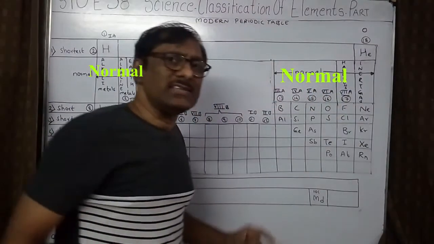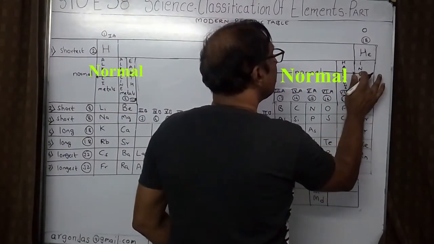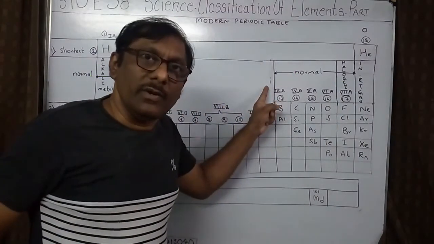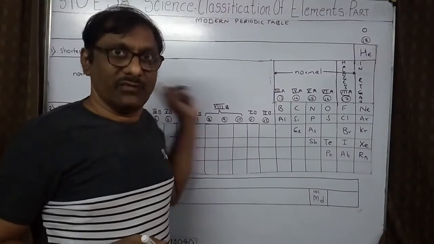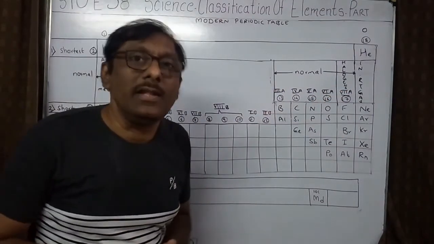Of course, these are inert gases, but all A group elements are called normal elements. 1A, 2A over here and 3 to 7A over here. These are called normal elements.